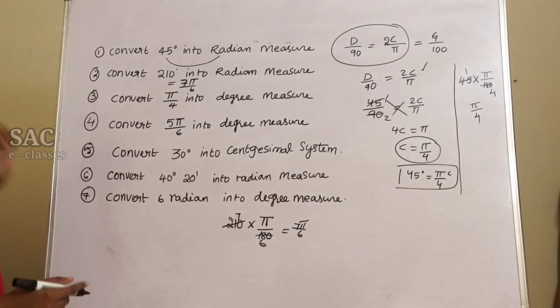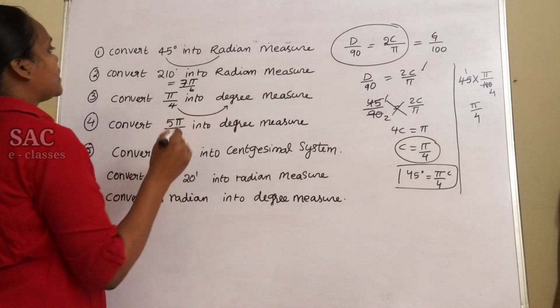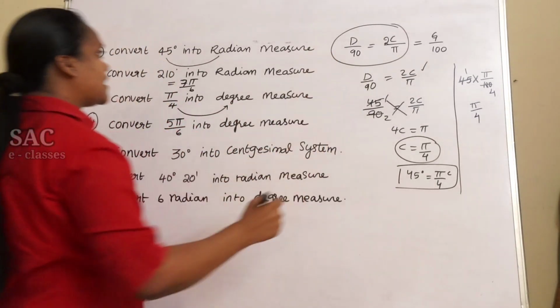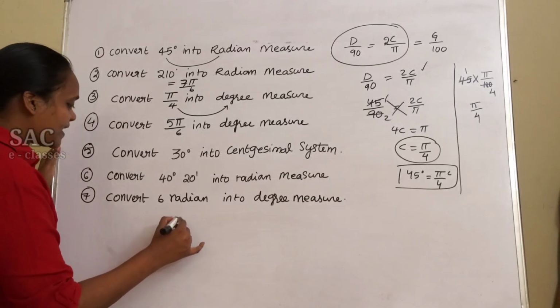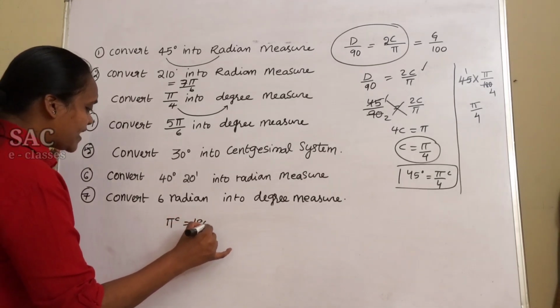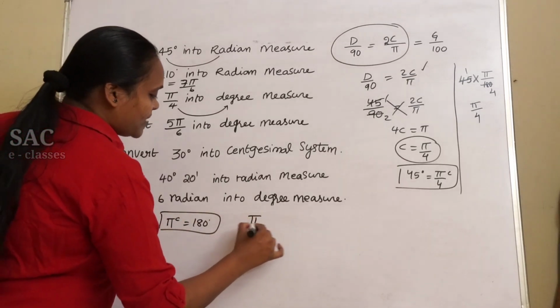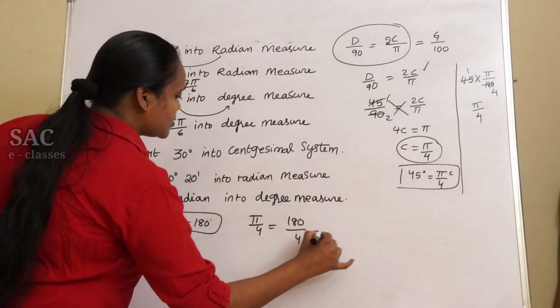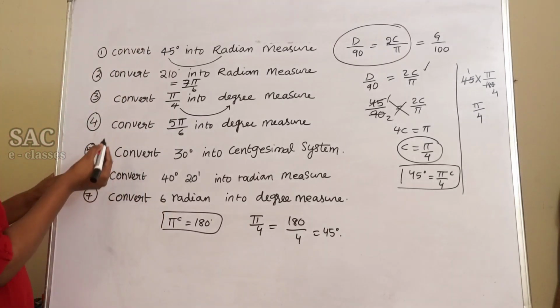Now coming to the third one, that is converting radian to degree, the reverse. You can use the identity or you can use the usual way. That is, 1 pi radian equals 180 degrees, then why can't we write pi by 4 as 180 by 4, which is equal to 45 degrees. That's it, we completed.